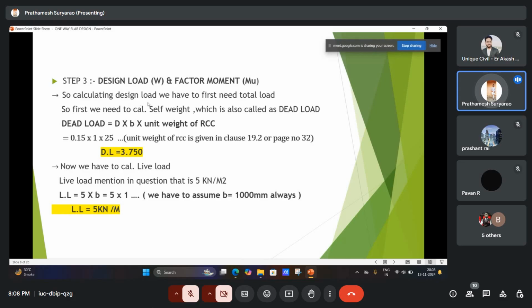To calculate the design load, we first need the total load. First we will calculate the self weight of the structure, which is called the dead load.